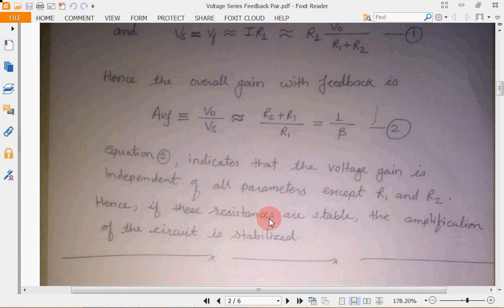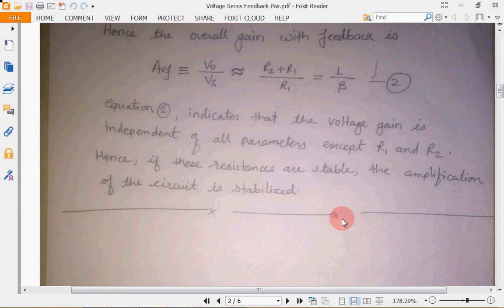And hence, if we consider that these resistances are stable, then the amplification of the circuit is stabilized. So this way the negative feedback stabilizes the voltage gain of the amplifier, that we have understood from this example.